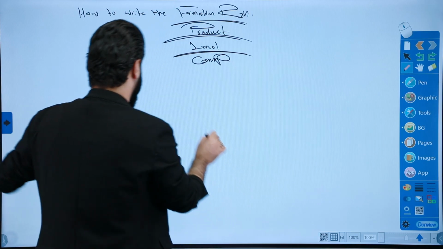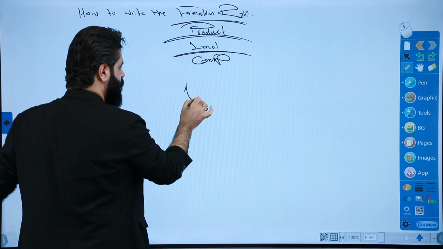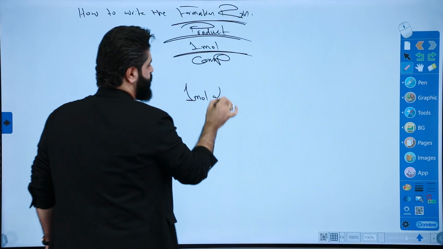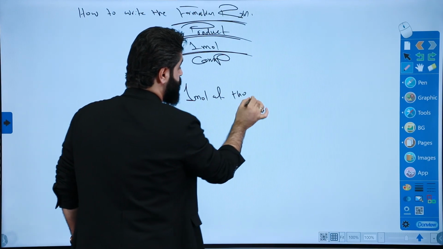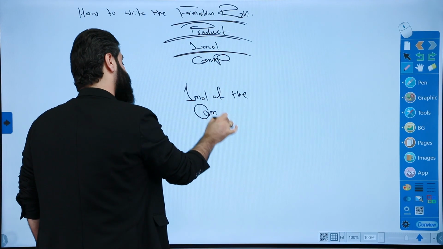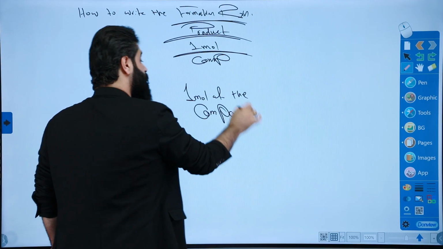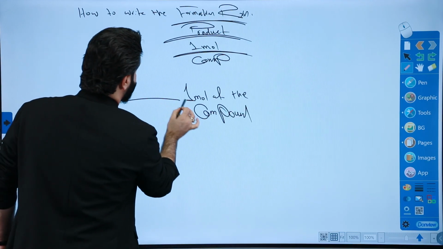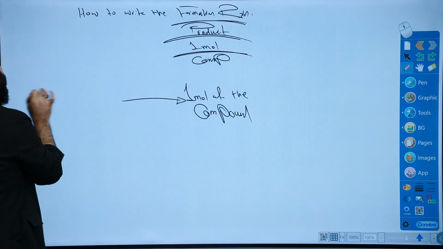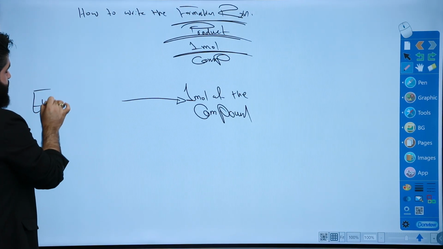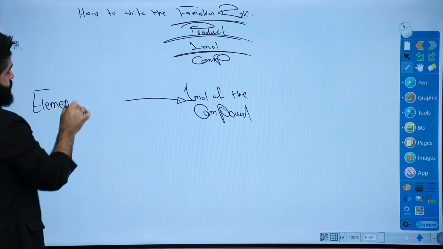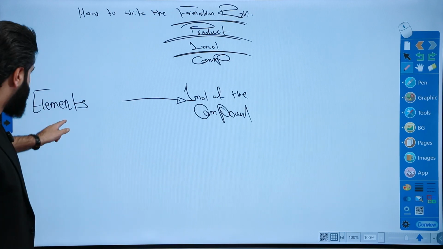So the rule is, you need to have 1 mole of the compound at the product side, and here we need to have the elements. Not the compound here.